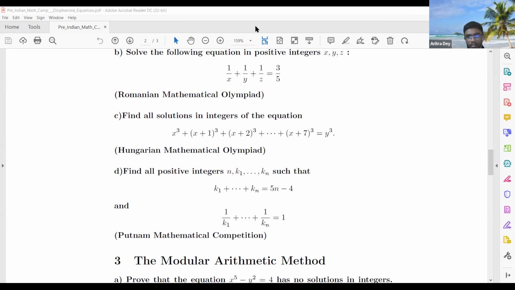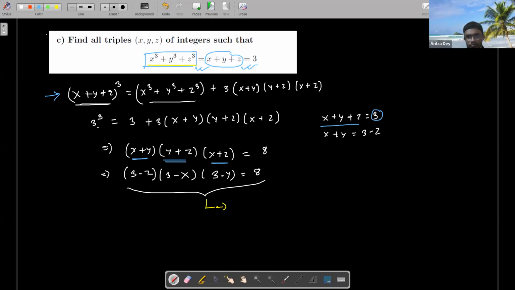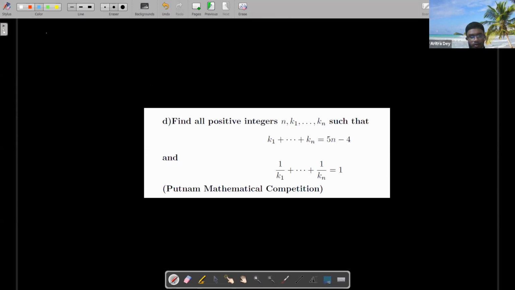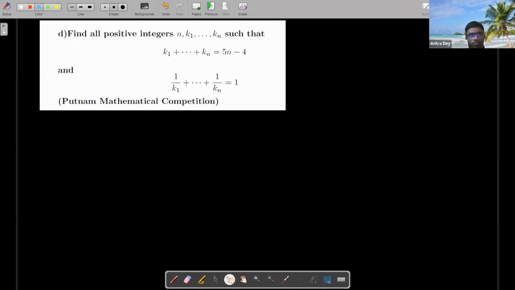This is fairly easy. I think this problem is from Putnam 2003.